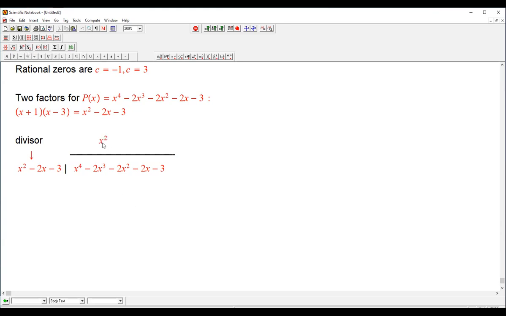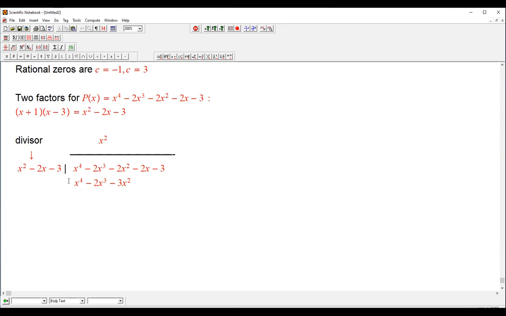x squared times x squared equals x to the power 4. x squared times negative 2x is negative 2x to the power 3. x squared times negative 3 is minus 3x squared.